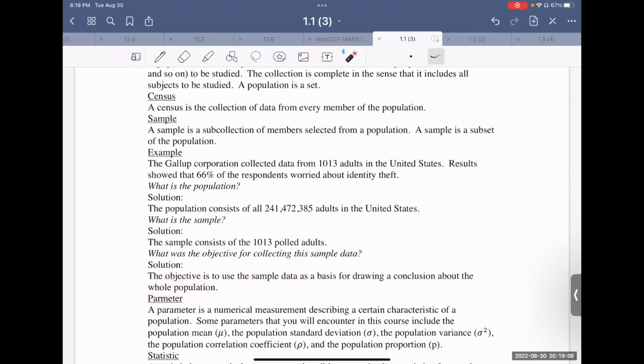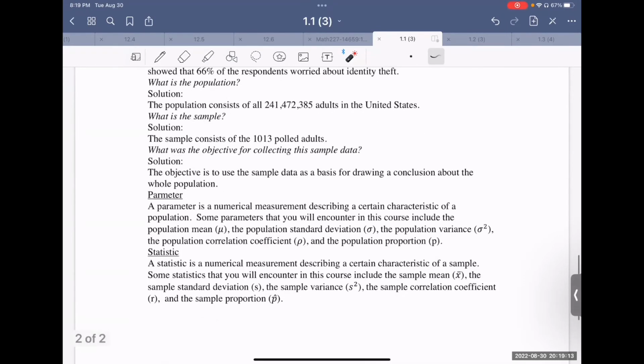Any questions about that? So a parameter is some numerical characteristic of a population. Here are examples of parameters that you will encounter in the future in this course. The population mean, denoted by the Greek letter mu.